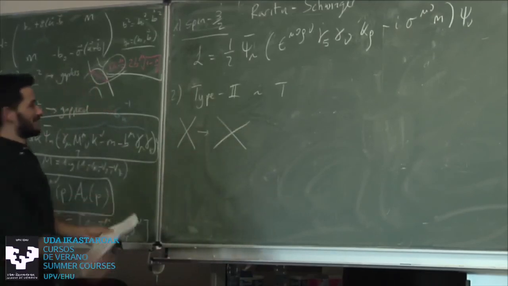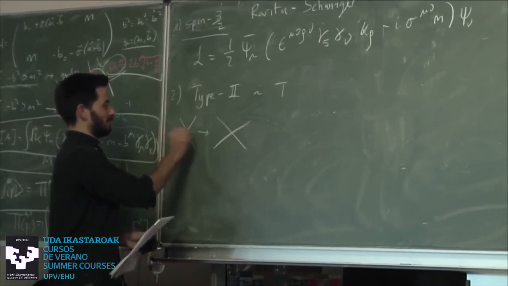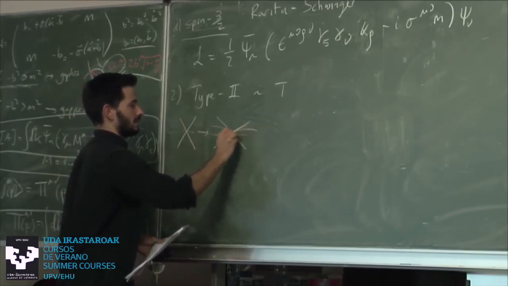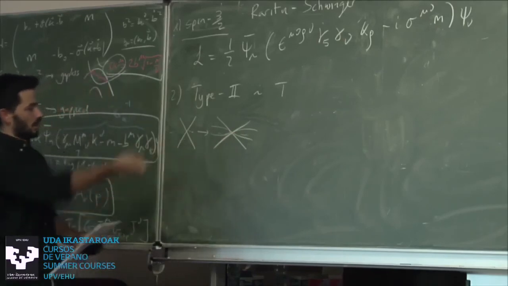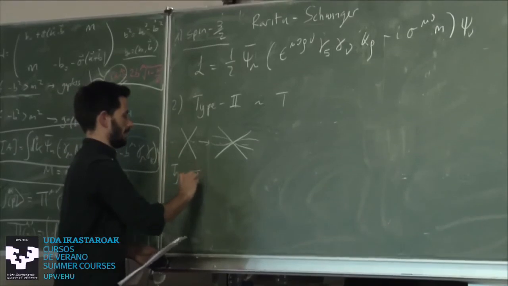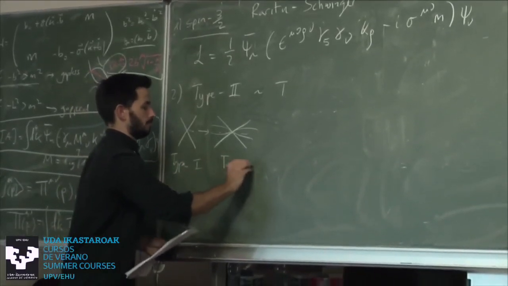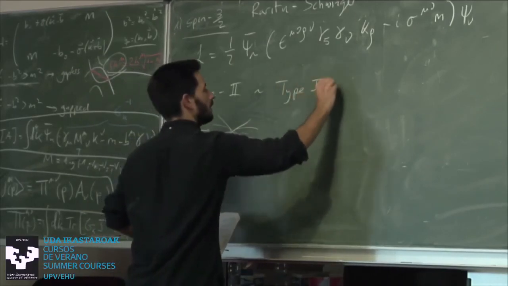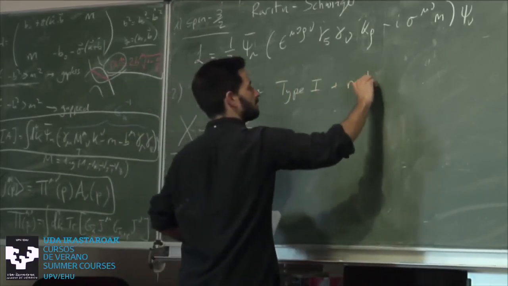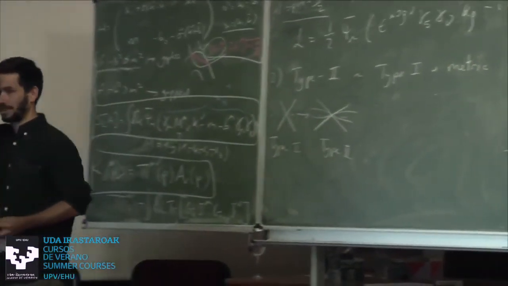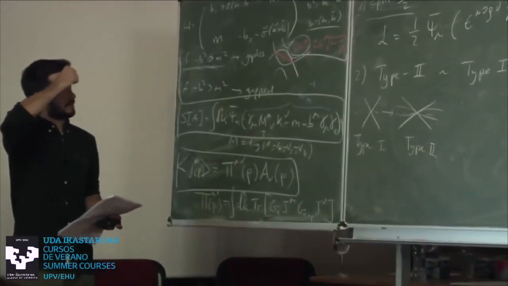It looks the same, but it's not really the same, because if I put the chemical potential here I would have a Fermi surface, but here I wouldn't. So I'm just tilting the cone. This is type 1. This is type 2. The type 2, you can think of as a type 1 plus a metric, in fact. And this is how Volovik likes to think about this type 2.